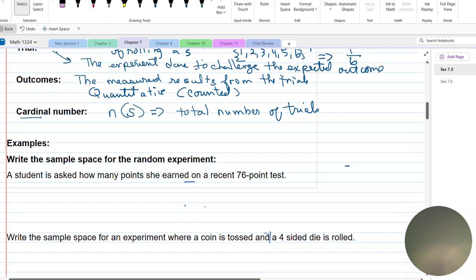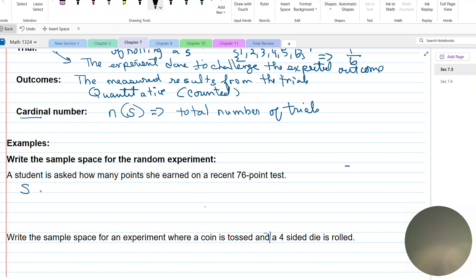So now we're going to talk about a sample space, all the possible outcomes. So in this case, write a sample space for the random experiment. So the sample space is the universal space.